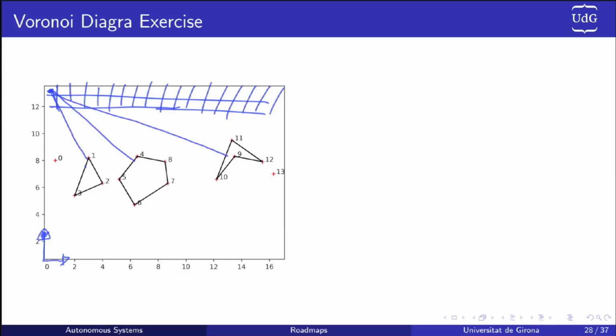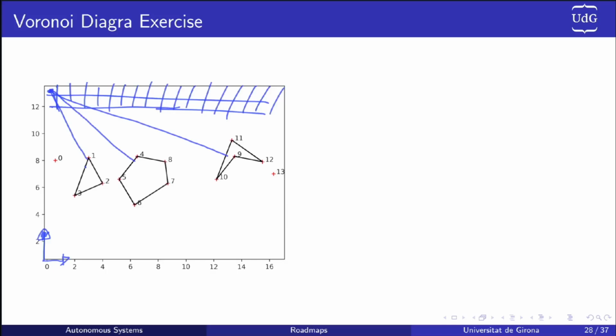Of course, if your sites are single points, this is super easy. It's just the Euclidean distance, a square root. I mean, it's trivial. If you use a polygon like I'm using here, okay, it's not so easy. You probably need to compute the distance to any vertex, or you need to use some trick, because sometimes the closest point is not in one of the vertices, it's on the edge.